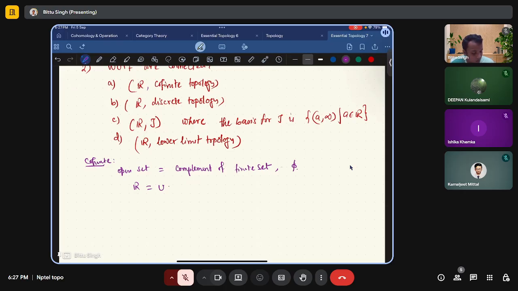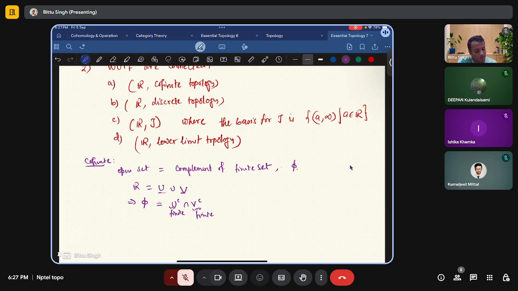So if we try to write R as a disjoint union of U and V, then what is the problem? Take the complement. Empty can be written as U complement intersection V complement. U and V are complements of some finite sets, so the complement of U is finite and the complement of V is also finite.